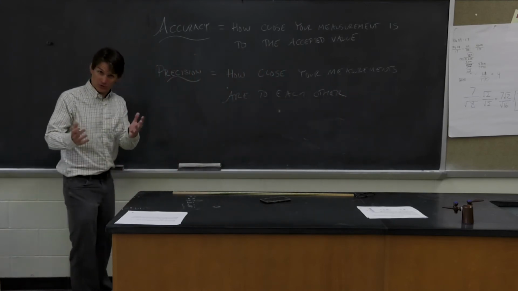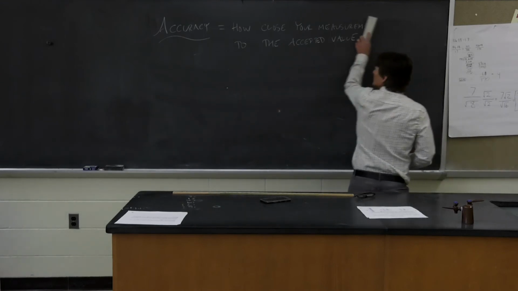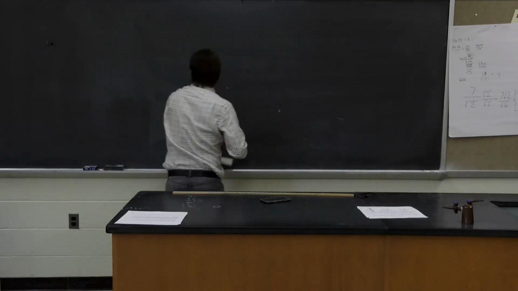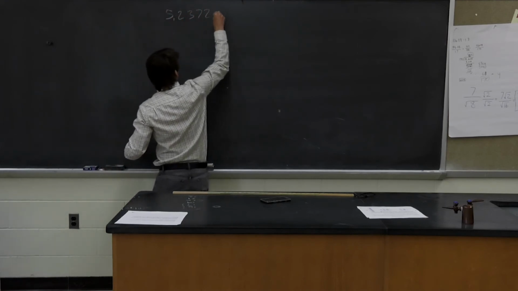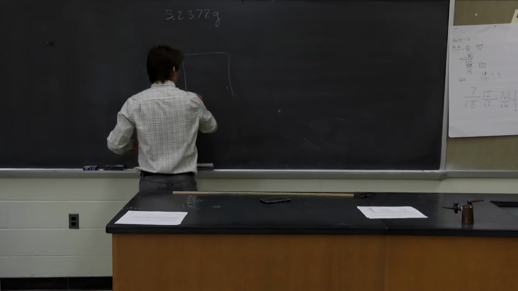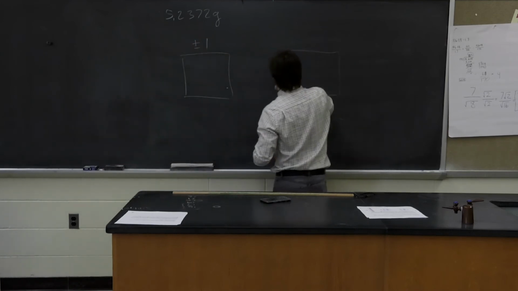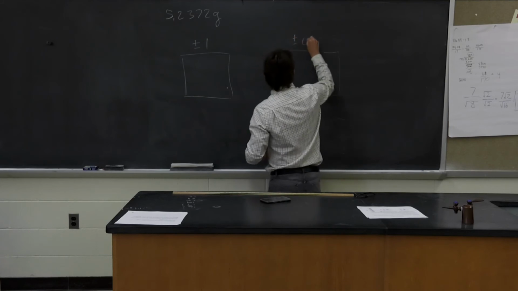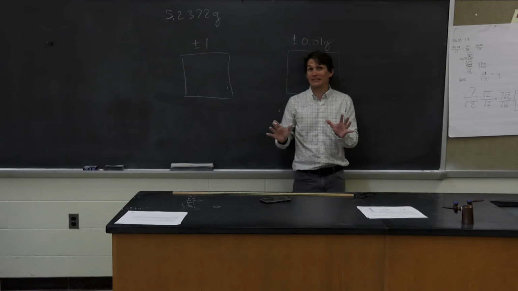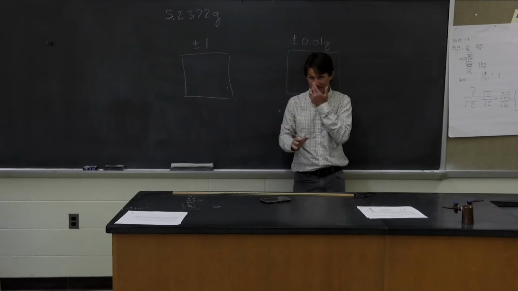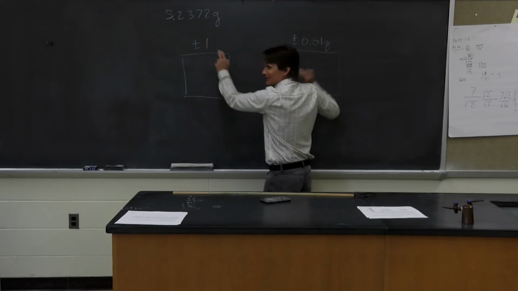And so going back to our balance analogies, let's say I've got my object again, which is 5.2372 grams. I'm going to measure that on this balance, which measures to plus or minus 1 gram. I'm going to measure it on this particular balance, which measures to plus or minus 0.01 gram. And we'll say these balances are perfectly accurate to the level of precision that they're able to be.